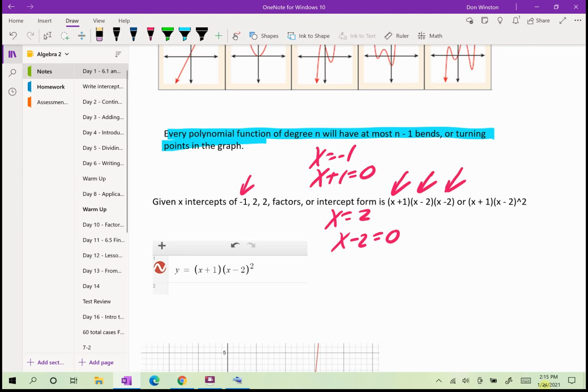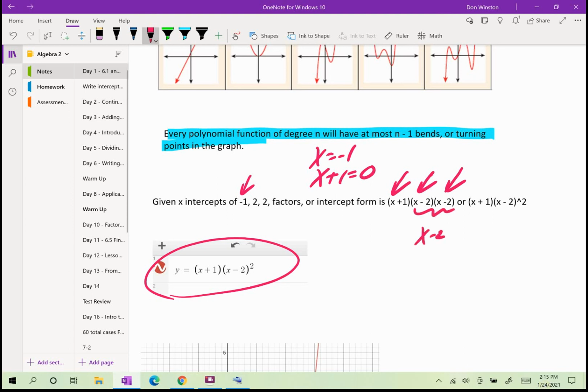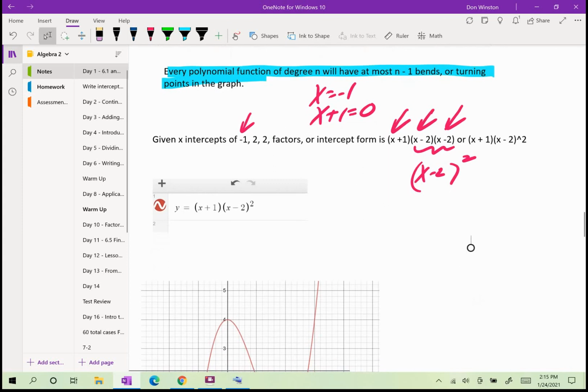So the polynomial with zeros of negative 1, 2, and 2 in factored form is y equals x plus 1 times x minus 2 squared, since I have two factors of x minus 2.